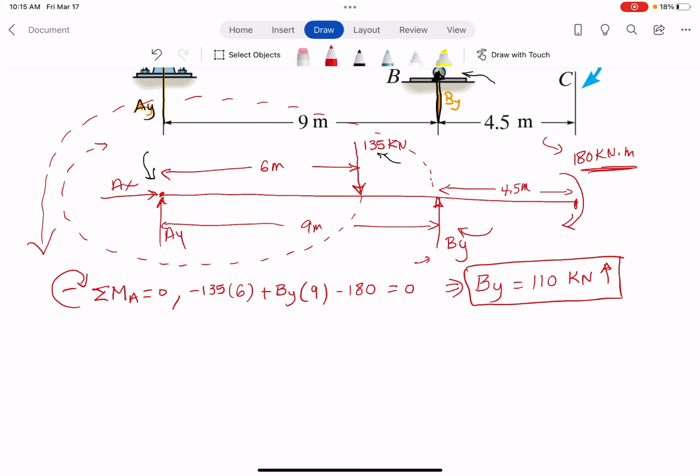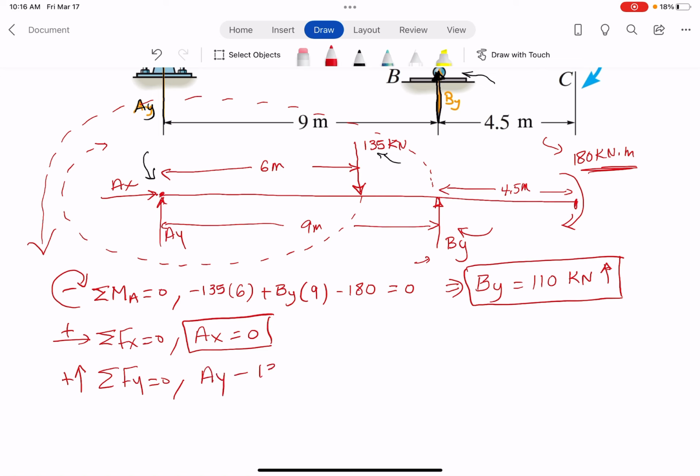After that, we find the rest of the equations. Summation of forces in x equal to 0. Now, you can notice here there is no other force but AX. There are no other forces in the x-axis. So AX is equal to 0. We'll do the last equation, summation of forces in y equal to 0. And of course, we're going to assume up is positive. And this will have Ay minus 135 plus By.